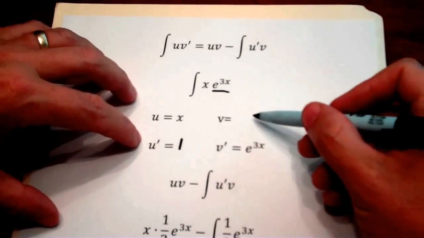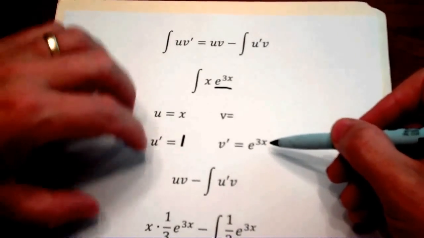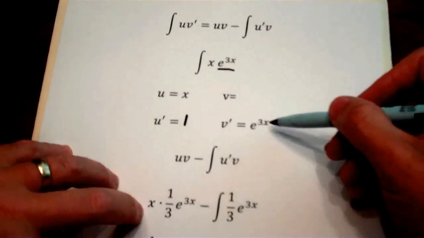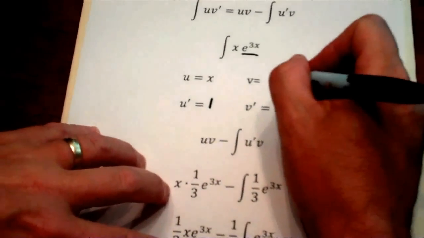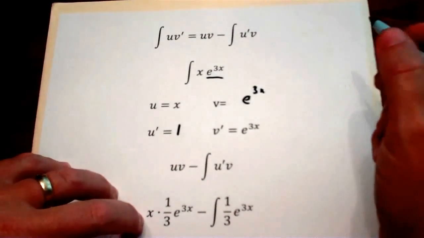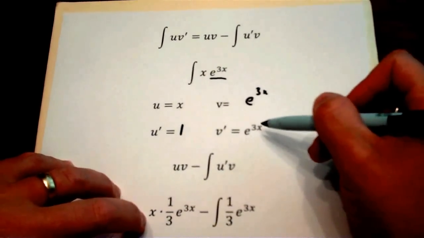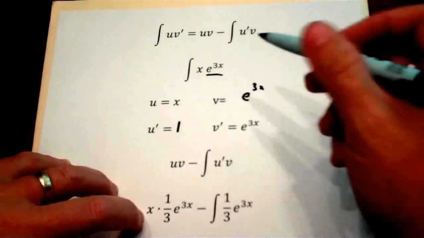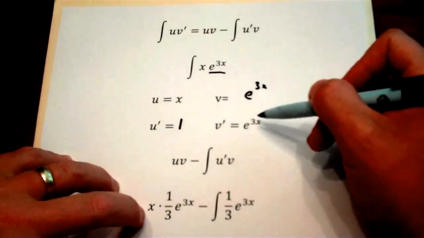Now, to find out what v is, I'll have to integrate this. The integral of e to the anything is, frankly, e to the anything. But remember, if I were to test this, the derivative of this should be equal to that.